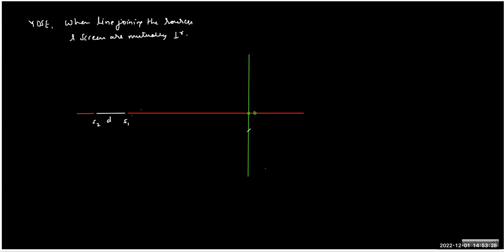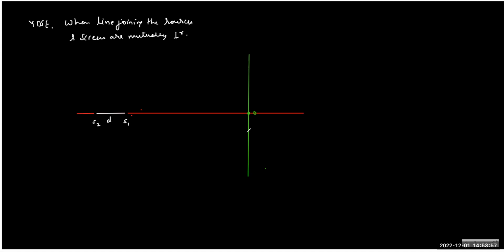So as you go away from O, will the order of difference decrease or increase? Sir, it will decrease. Correct. So as you go away from O, the order of interference, the order of fringe, will decrease. That's the first observation that we need to make here. Okay. Yes, sir.